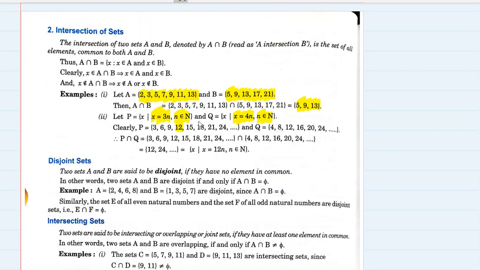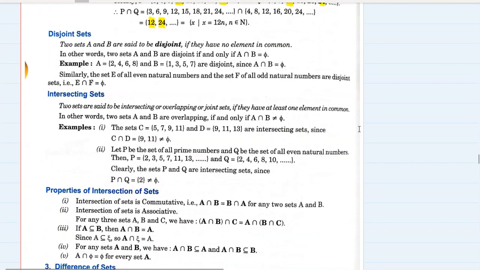See, 12 you find common. 12 is the first number which I find common. And then 24 is common. So 12, 24, 36, all the elements which are multiples of 12 are common to sets P and Q. That is, P intersection Q is the set of all elements which are multiples of 12, which are common to sets P and Q. So that is intersection of sets.